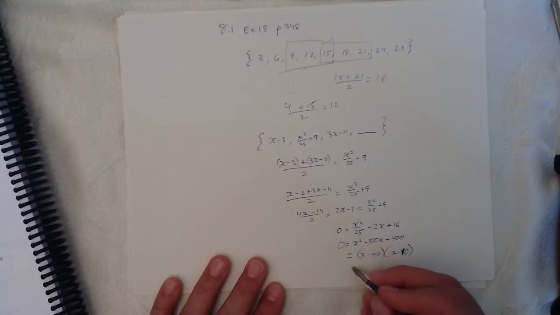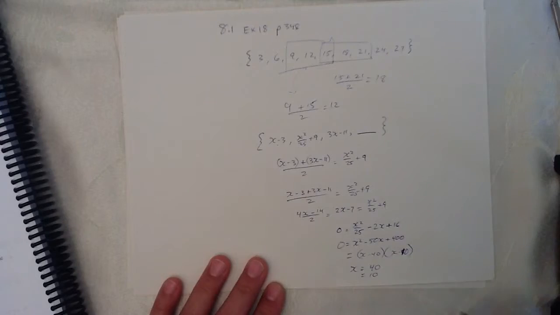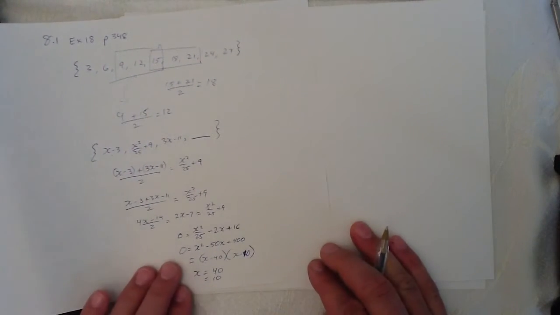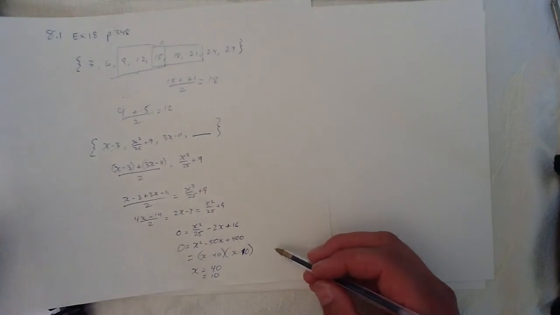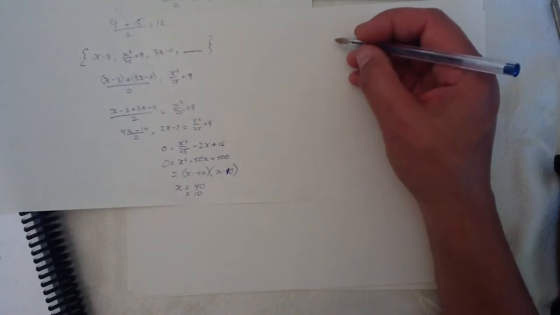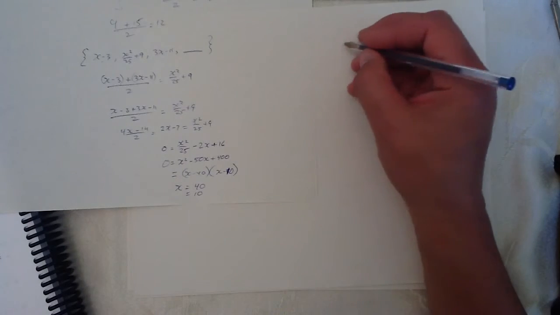And that means we have two x values, x equals 40 or x equals 10. If x equals 40 and x equals 10, that means that we've got two possible solutions.